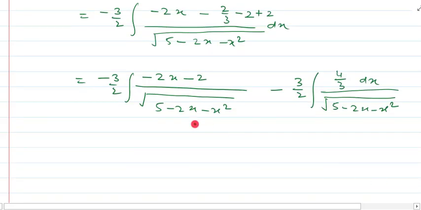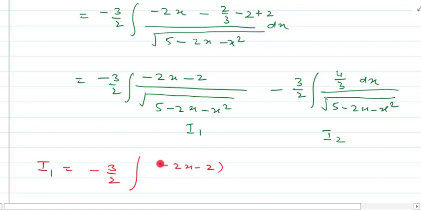Now let us name them as I1 and I2. Okay, so let us simplify I1 first. I1 is equal to minus 3 upon 2 into minus 2x minus 2 upon, we should write dx over here as well, square root of 5 minus 2x minus x square dx.